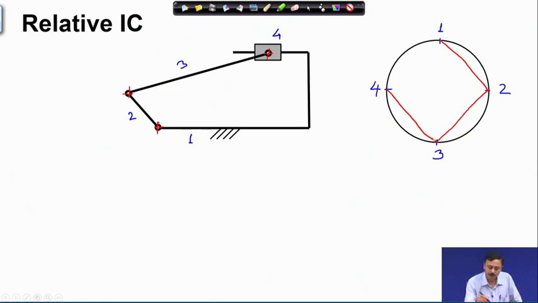So, I 1 4 must lie at infinity along this direction, which is perpendicular to the direction of sliding. So, this direction is perpendicular to the direction of sliding. So, I 1 4 must lie at infinity. So, I know this, it is at infinity.